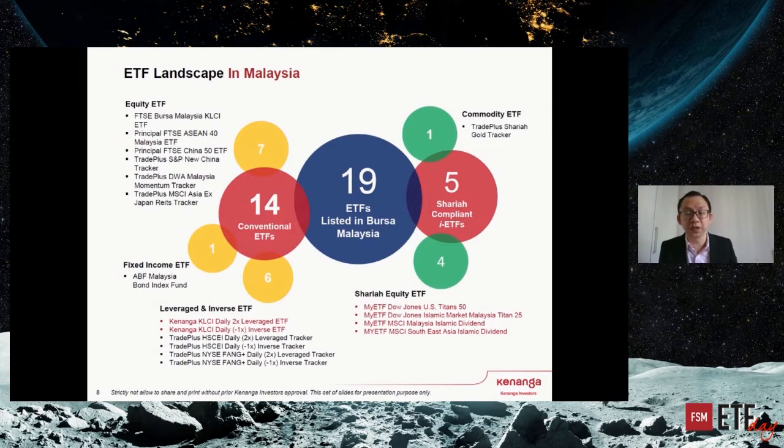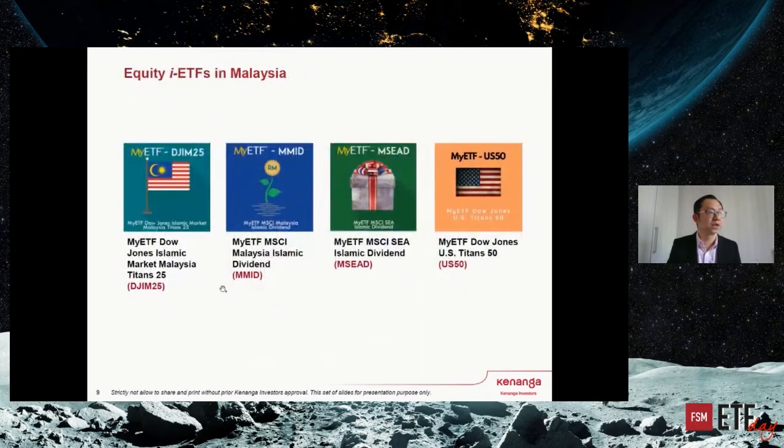I will go into more detail of each of them later. These are the 4 Sharia equity ETFs, or i-ETF equity, in Malaysia. We have 1 focused on Malaysia, 1 on Malaysia dividend, Southeast Asia dividend, and also the US.